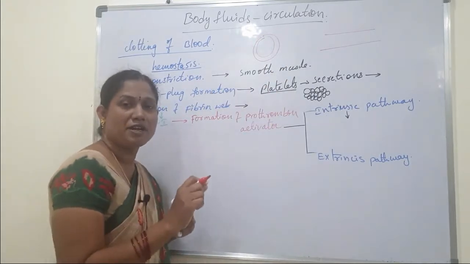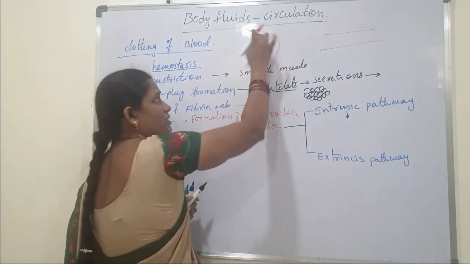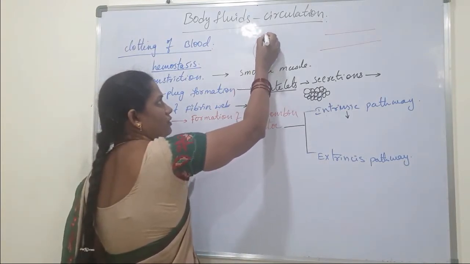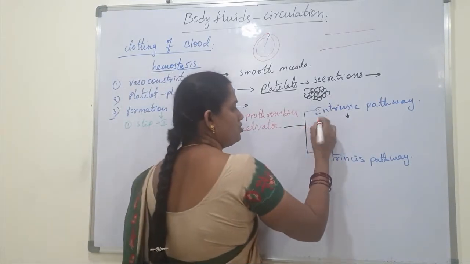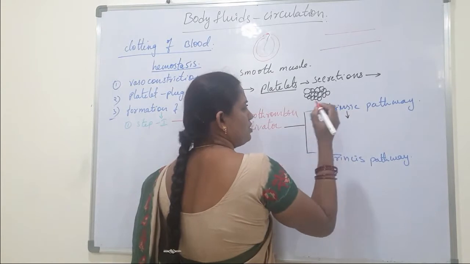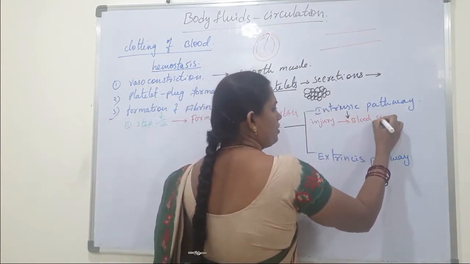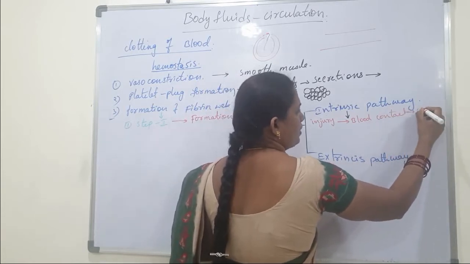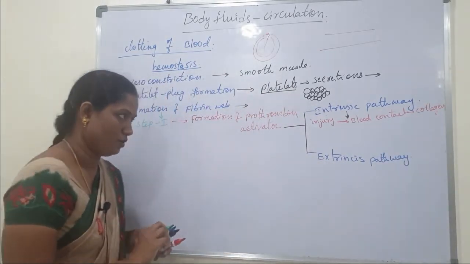The externa is made up of collagen fibers. If the blood vessel gets ruptured, the blood comes out. If any injury takes place, as a result the blood contacts collagen.